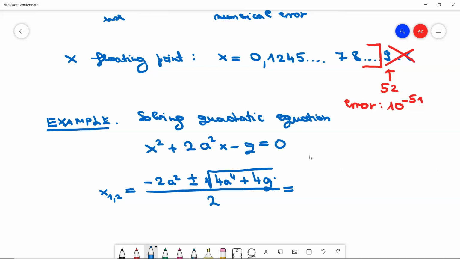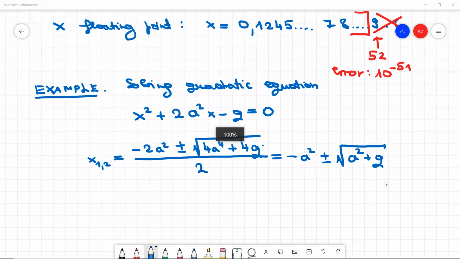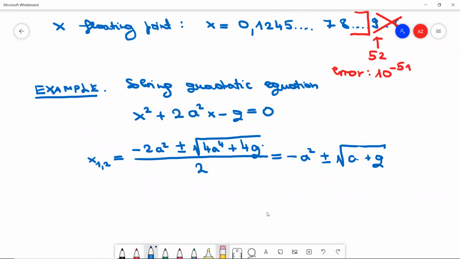If you divide by 2, we get minus a squared plus minus the square root of a to the power of 4 plus q. Thank you, under the square root it should be a to the power of 4.